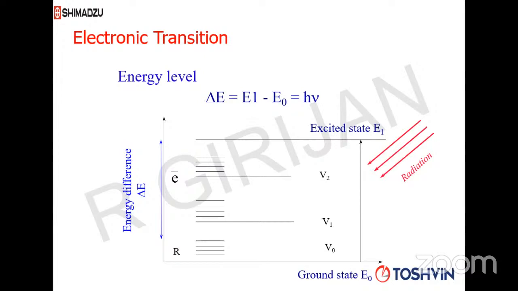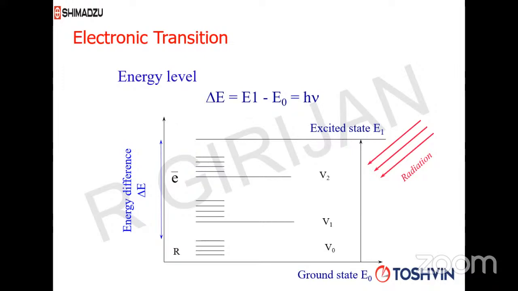So when the UV radiation falls on the sample, an electron from the outermost orbital gets energized, absorbs energy, and is pushed to a higher level. That means one electron is getting elevated from a lower energy level to a higher energy level. We call it an electronic transition.